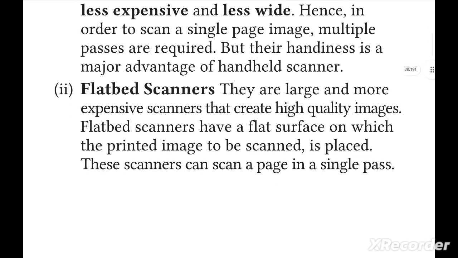Second, flatbed scanners. They are large and more expensive scanners that create high quality images. Flatbed scanners have a flat surface on which the printed image to be scanned is placed. These scanners can scan a page in a single pass.